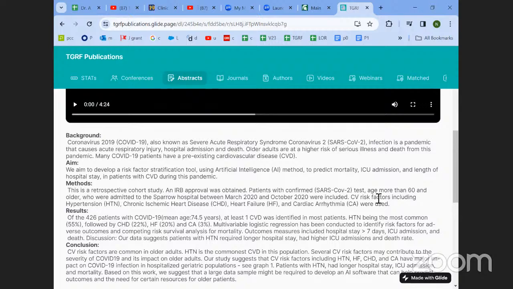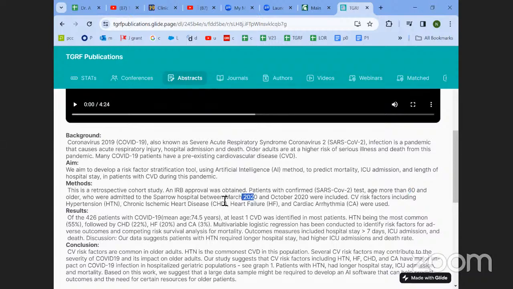If you are less than 50, you are a younger adult. But in this abstract, we used 60. In the literature, most of the time, you will find 65 is the cutoff for older patients. So there is a slight difference as far as giving the age as a criteria.